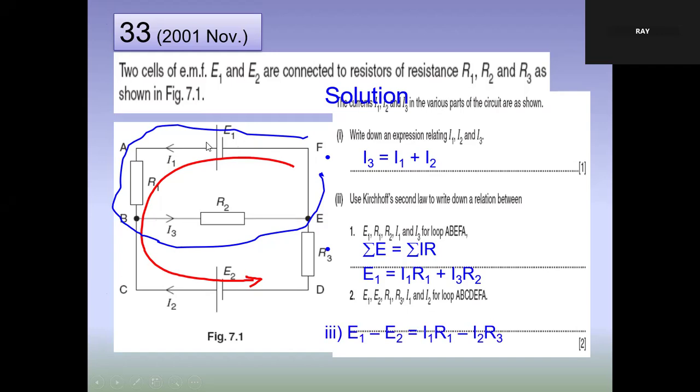This one sends out current, so it's E1. This one sends current in the opposite direction, so it's minus E2. And this one is I1 times R1. We are choosing anti-clockwise direction. I1, R1, correct direction. This one in the opposite direction, so we subtract. Can or not? Oh yeah, you are still not familiar.